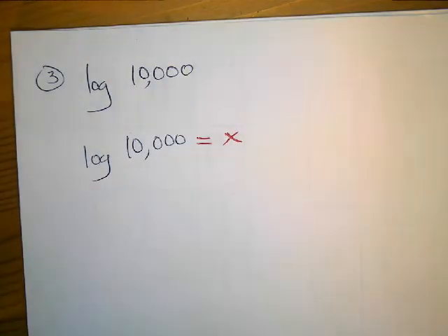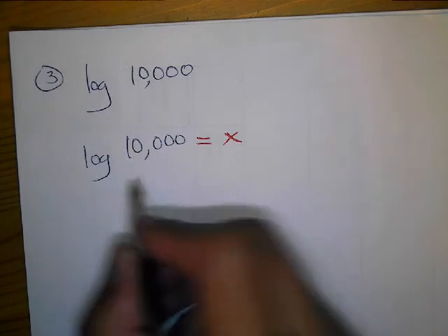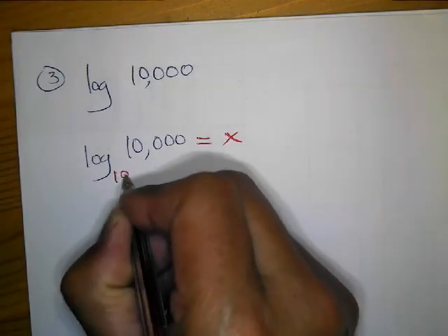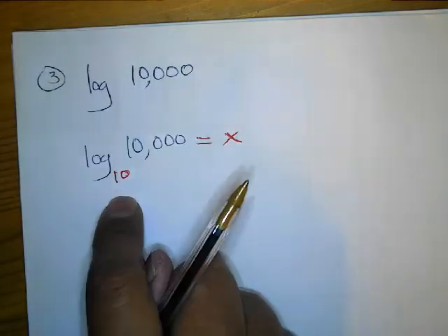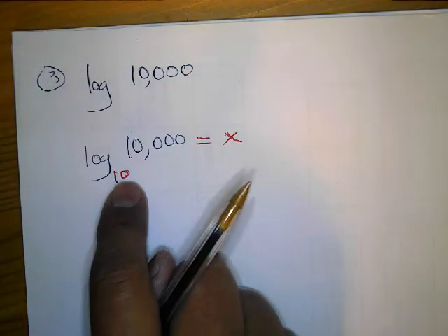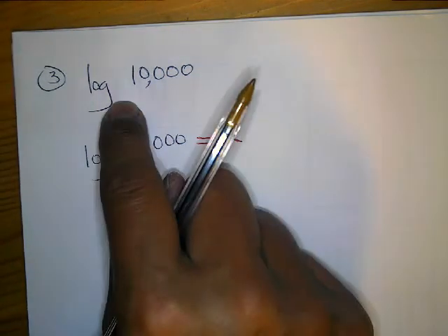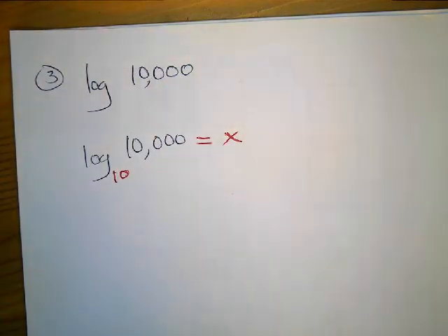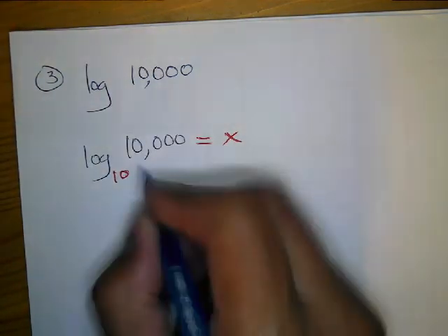I'm supposed to put equals x because there's supposed to be equals x over here. And remember, when a logarithm doesn't have a base, what's the base? 10. If it's not written, then it's understood that logarithms work in base 10. So you have to know that if it doesn't have a little base number written here, it's 10. Okay, we mentioned that before.